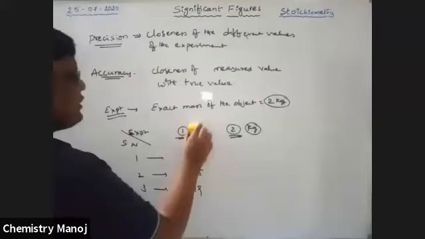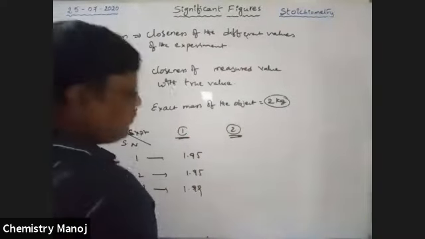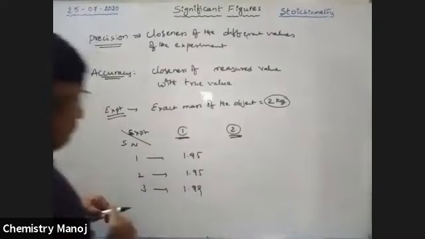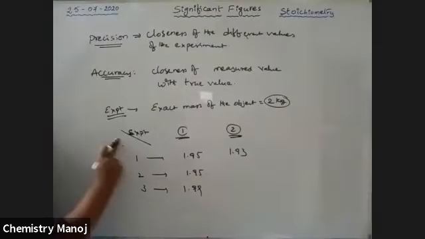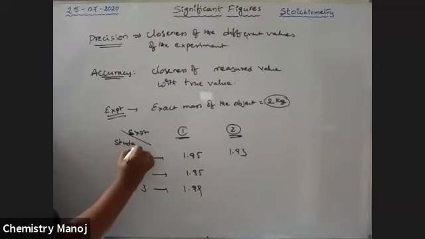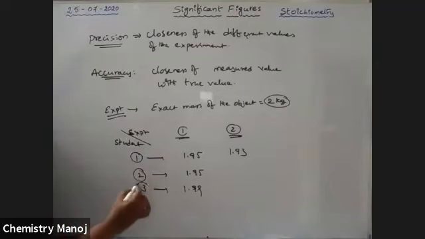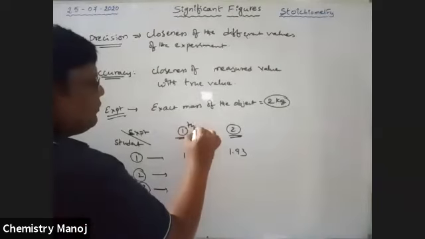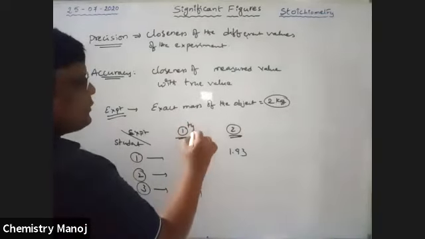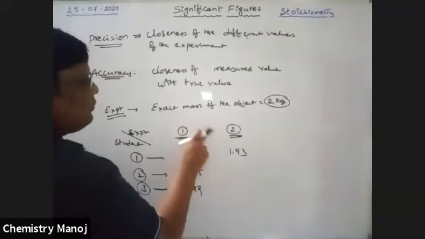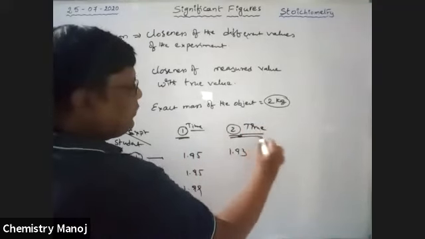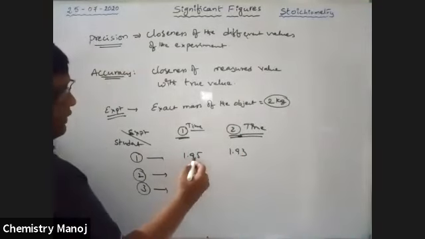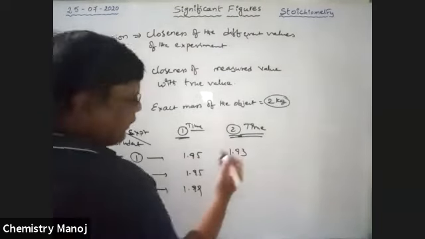See here, it is 1.93. It is first student, second student, third student. First experiment, first time. It is the second time. So the first time he gave the value 1.95, the second time 1.93.